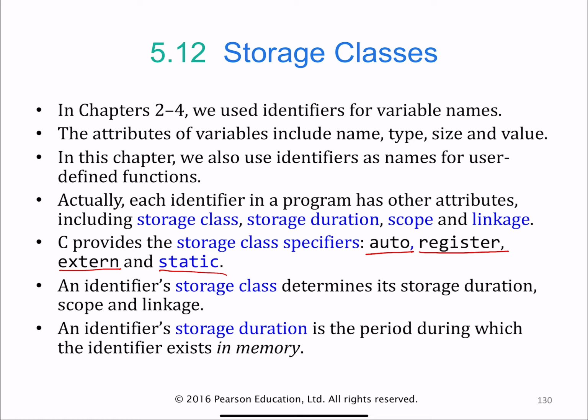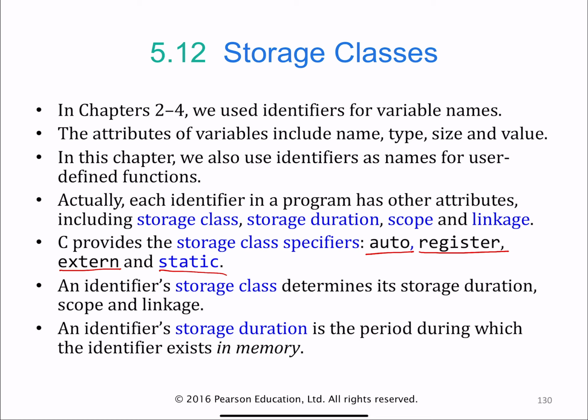So, auto variables are basically local variables. So far, we've seen that when we created a variable in the main function, that variable was only visible to the code in that function, in the main function.